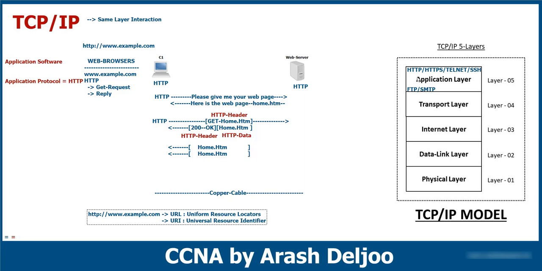And here I wrote HTTP, HTTPS, Telnet, SSH, FTP, SMTP, and we have many other applications, DNS, DHCP, or some other applications. This is a brief overview of the application layer, and you know that HTTP transfers the data by sending multiple messages.